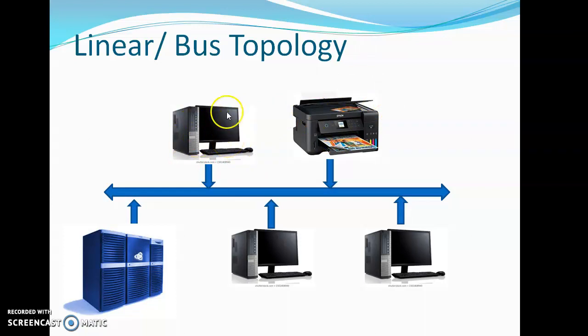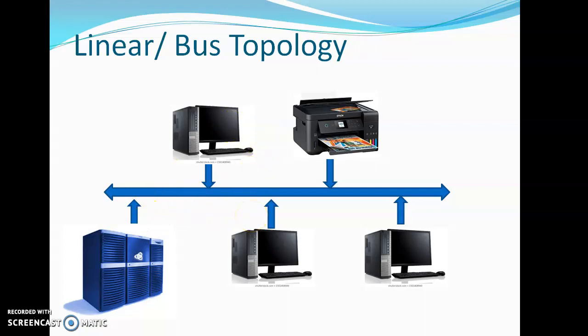When a device, say this computer, wants to send a message to any of the devices in the network, this device will send the message to the main cable. Now from the main cable, it will broadcast the message to all the devices in the network. I mean, it tells the network that there is a message available here, so please check if the message belongs to you or not.